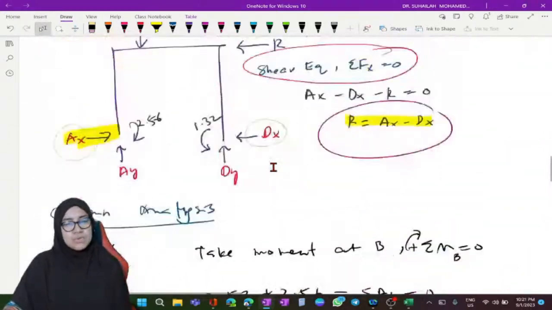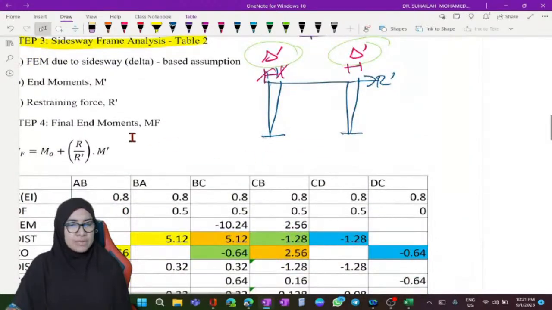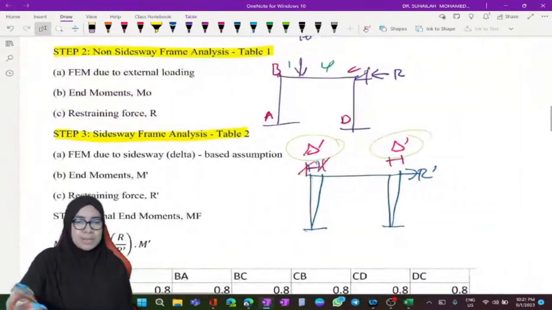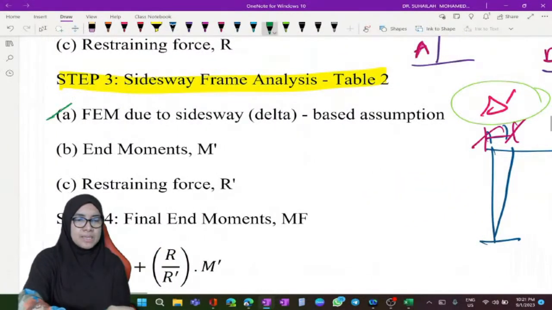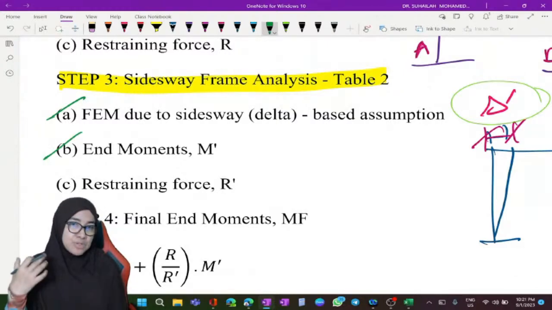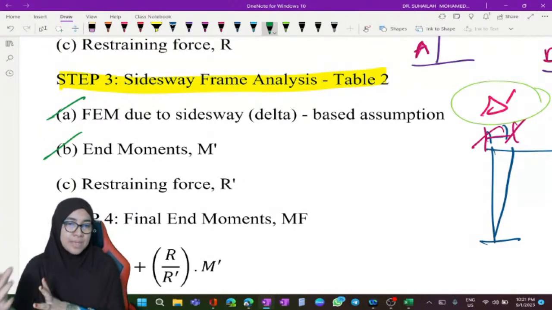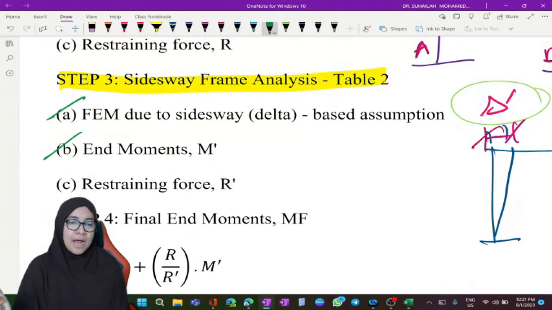Once we have got the value, now we are in step 3. FEM due to sidesway is based on assumption, and then due to the FEM that we get, we put into table number 2. We determine M prime, and after that we will continue to calculate restraining force.